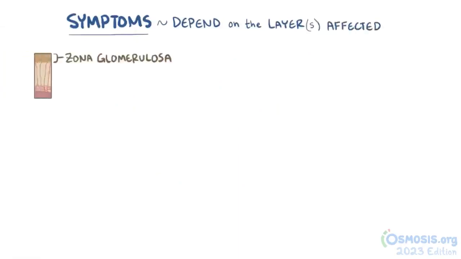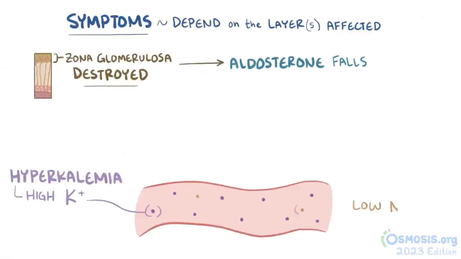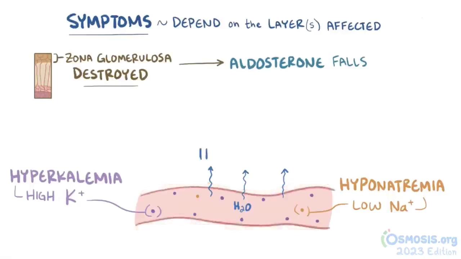When the zona glomerulosa is destroyed, aldosterone levels fall, and that leads to high potassium levels in the blood, or hyperkalemia, and low sodium levels in the blood, or hyponatremia. With less sodium around in the blood, water moves out of the blood vessels, which results in a low blood volume, or hypovolemia.